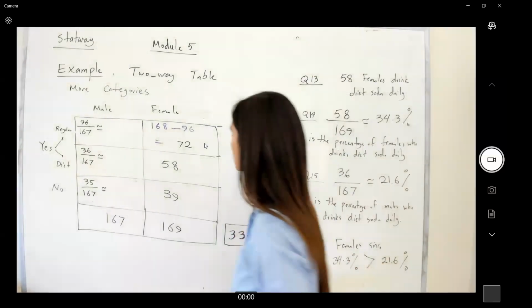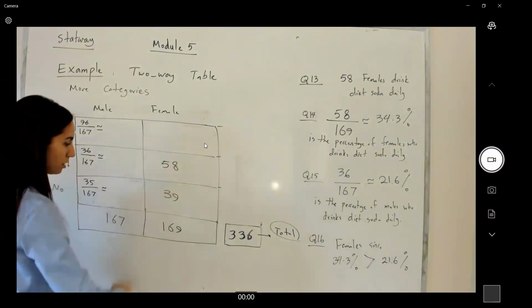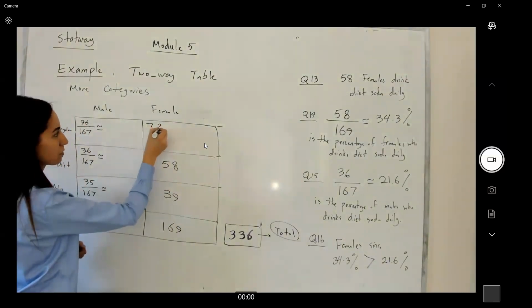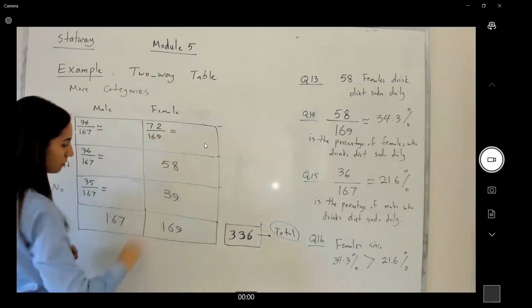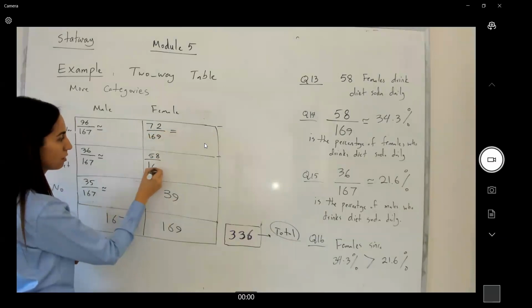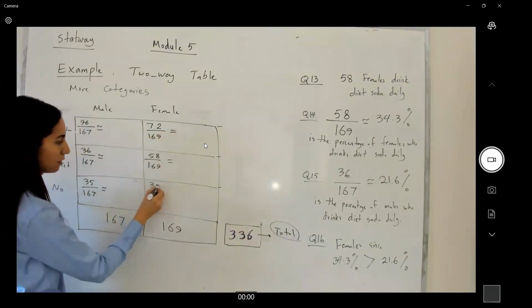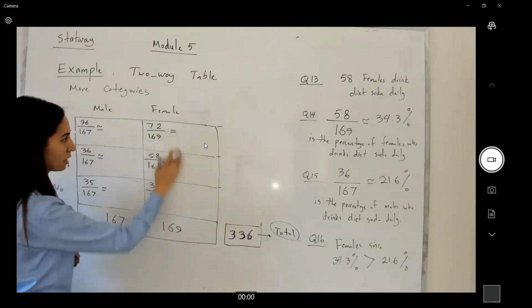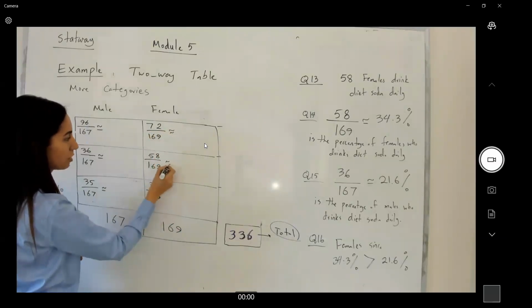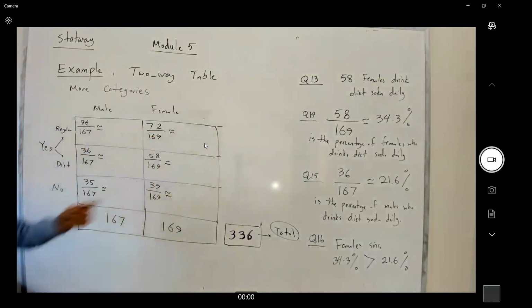336 participants. So here you have 72 divided by 169, 58 divided by 169, and 39 divided by 169. Again, let's use approximation. So we already calculated two of them for diet soda daily.